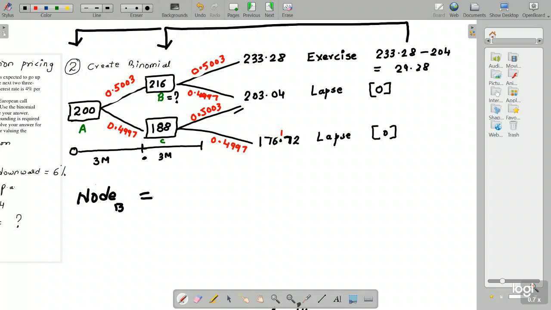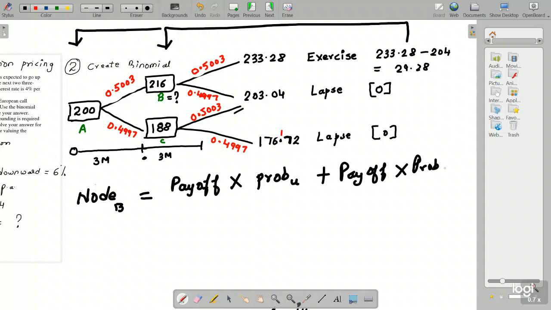We are supposed to calculate the value at node B, and this value of node B is whatever is my payoff times the probability, which probability? Upward, plus payoff times the probability, which probability? Downward.